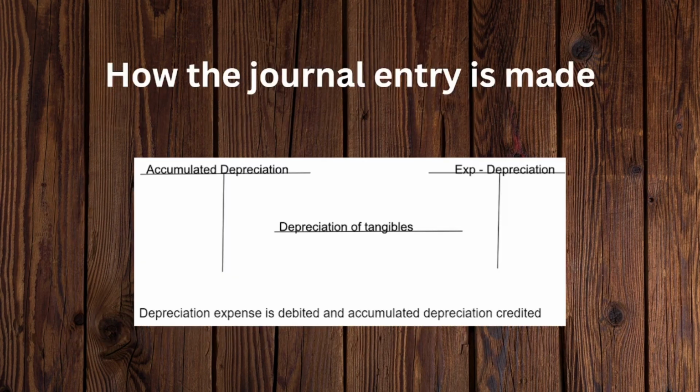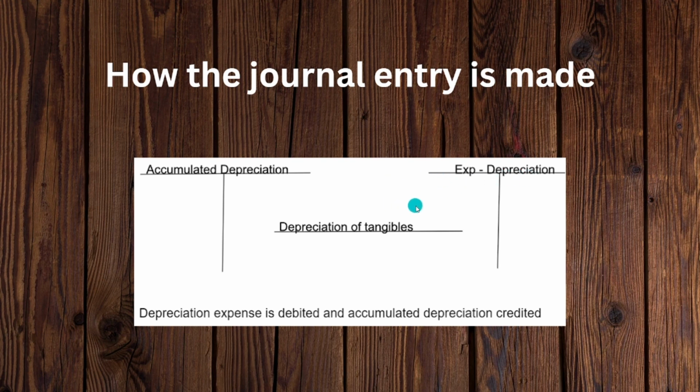So this is how the journal entry will be made. We can see that the expense account will be debited because this is a T account. So the left side is debit and here is credit.